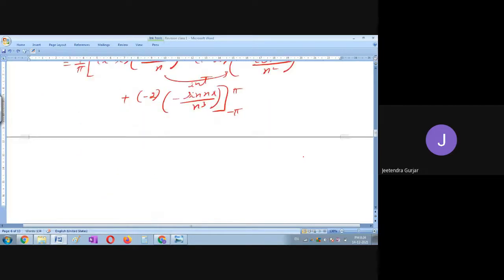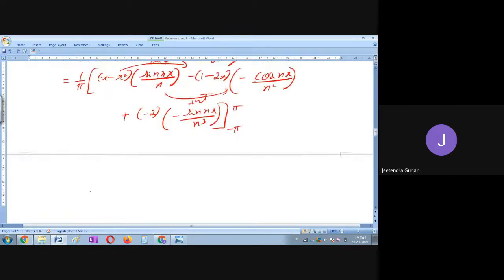Then quickly you can see this term will become 0 and this term will become 0. Easily you can see, yes, students, this term is getting 0. So I'll just remove this and I will remove this part. So we are left with only this.